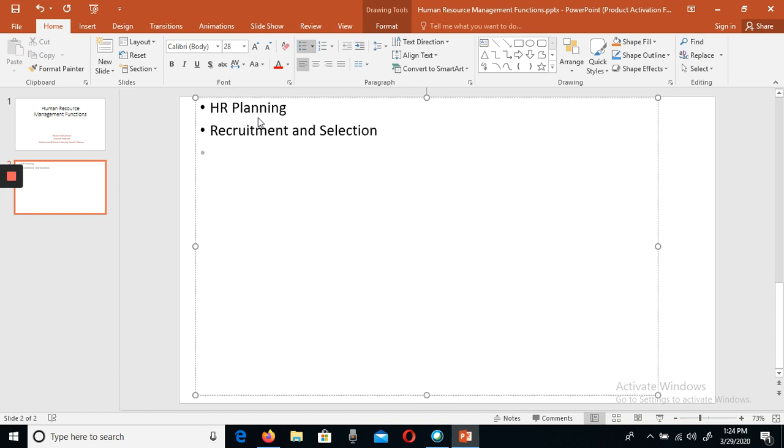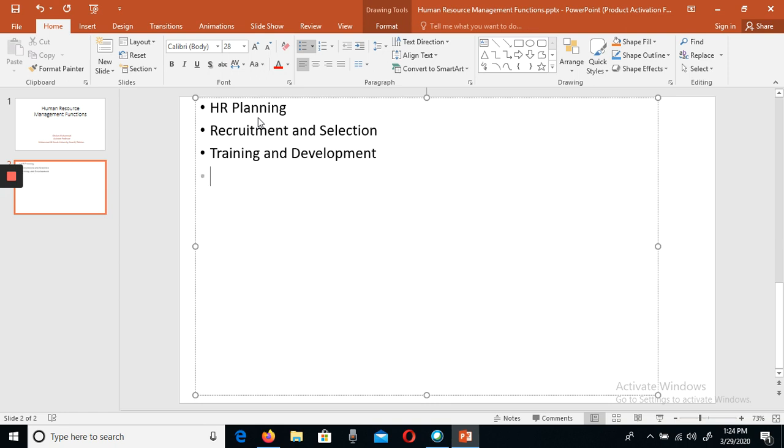And the third function is, when you recruit someone, when you select someone for an organization, the next thing for those employees is training and development, another function included in the human resource management functions.